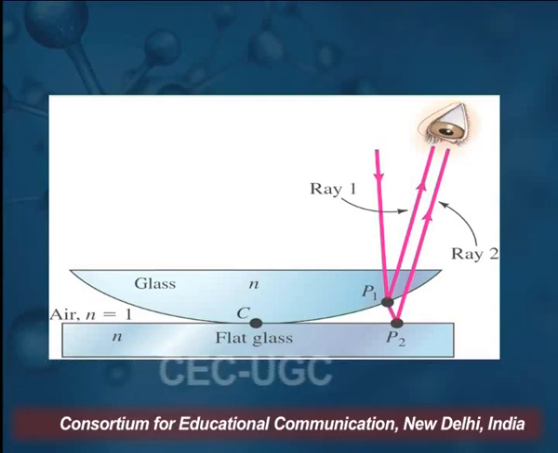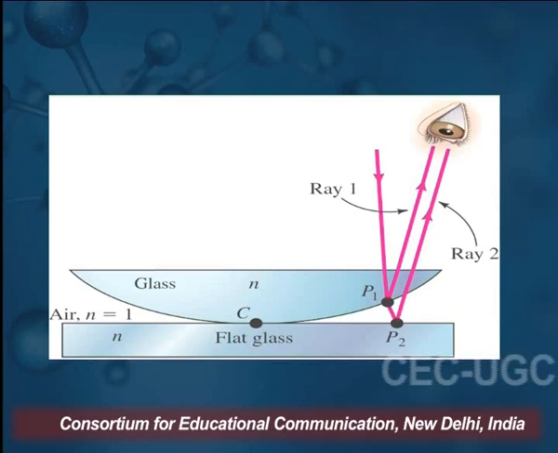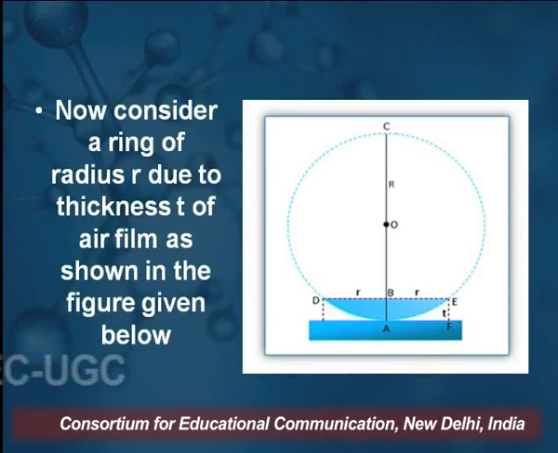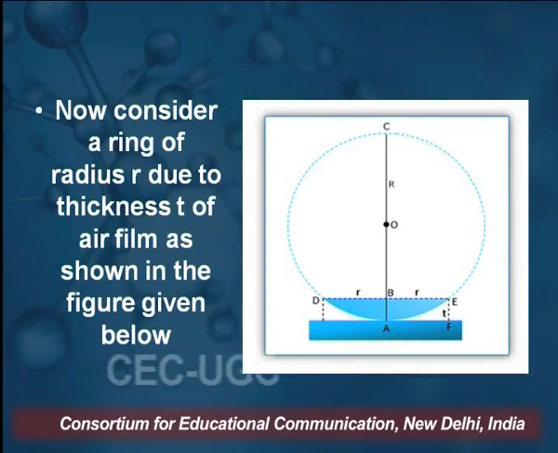At point P1 on the right hand side, the ray is reflected from the lower part of the plano-convex lens, and at point P2 ray 2 is reflected from the upper part of the glass plate, and these two rays form the interference pattern of constructive and destructive interference. Now consider a ring of radius r. The radius of the ring we define by small r, due to the thickness T of the air film, as we see in the diagram on the right hand side.